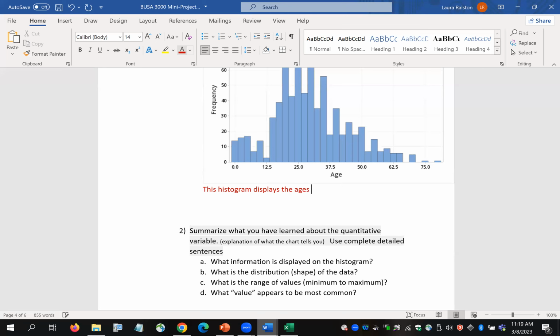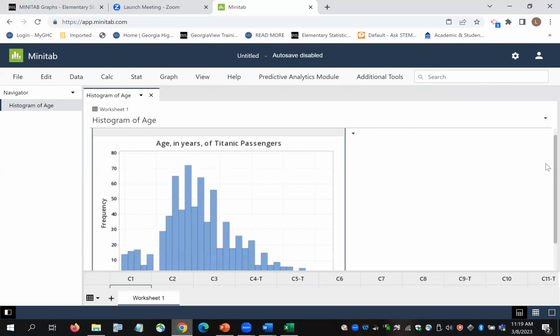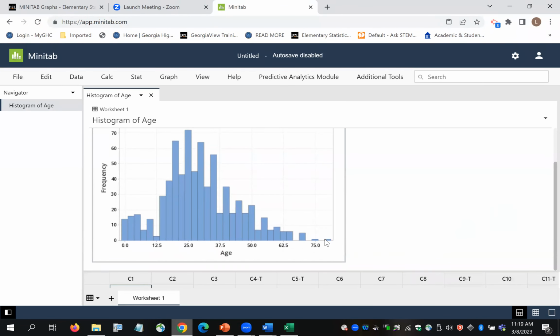displays the ages in years of the Titanic passengers, which range from approximately 0 years old to, and I may have to go back to Minitab, and I notice this last bar is at 81.25.